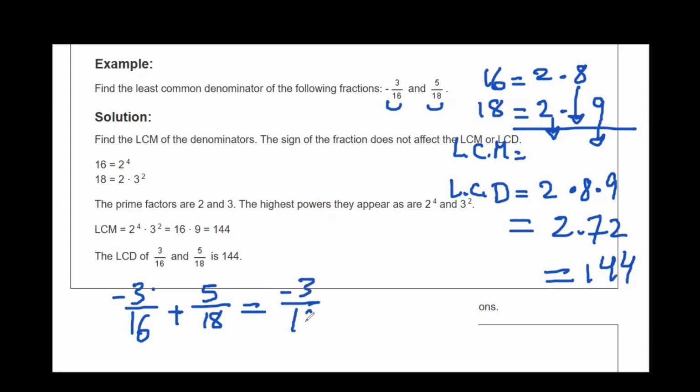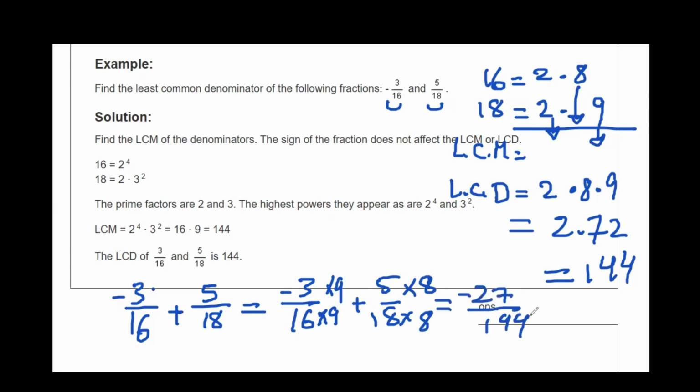So 16 multiplied by 9, we multiply numerator and denominator by 9, and 5 over 18 we multiply by 8. So negative 27 over 144 plus 40 over 144. This is 13 over 144.